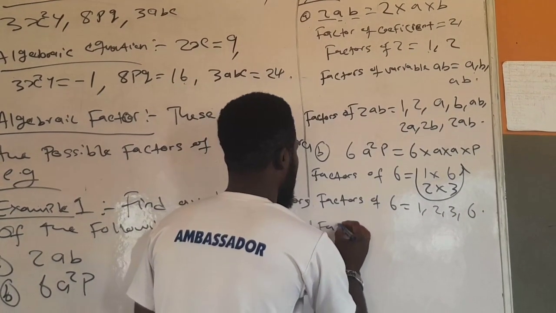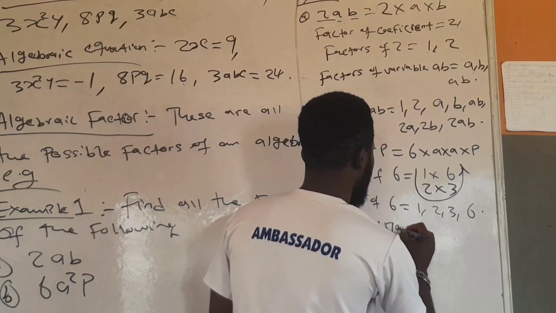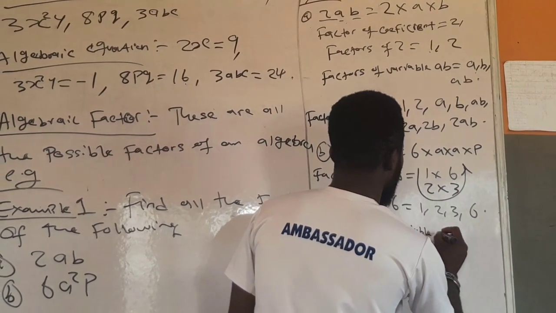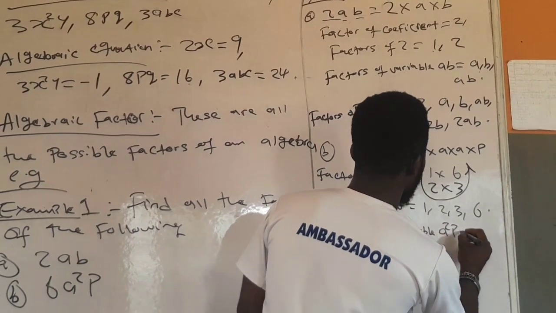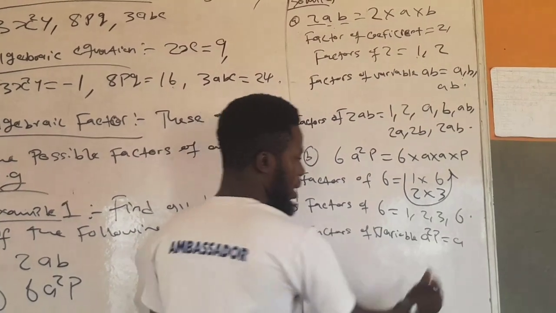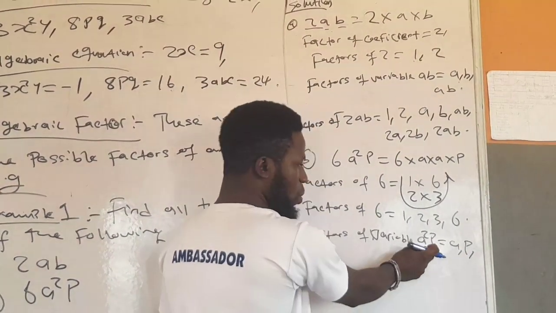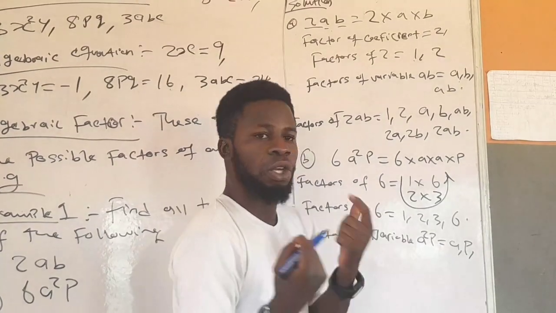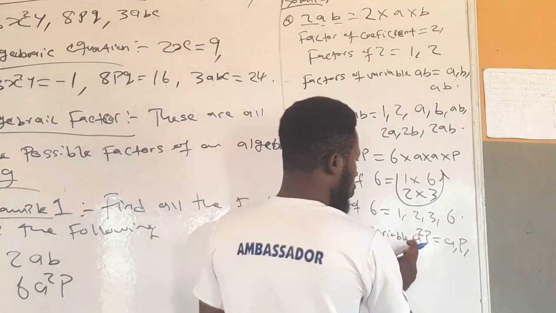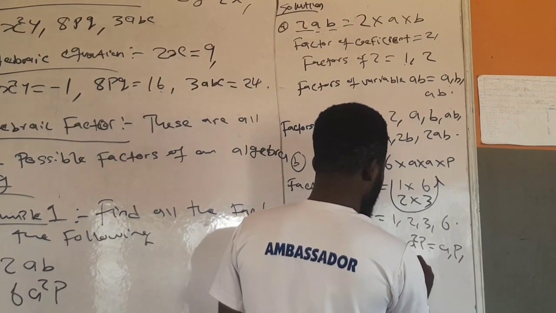Then the factors of the variable A squared P will be, if I split it, A. Do you understand? So you can have P, because A can go, P can go. The next one is I collect 2 letters together. If I have A and P, that means I can have AP.